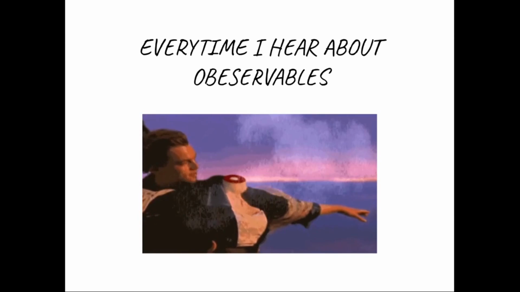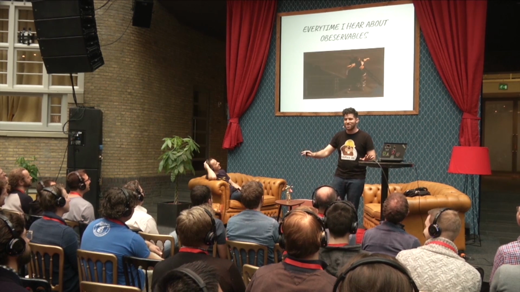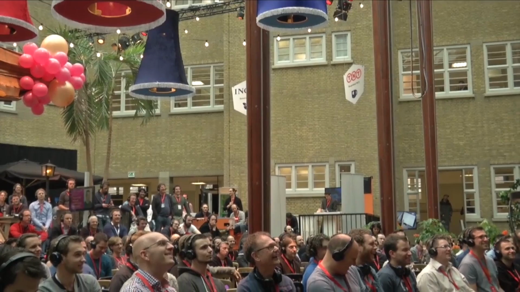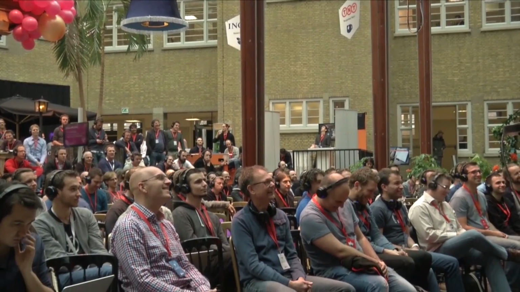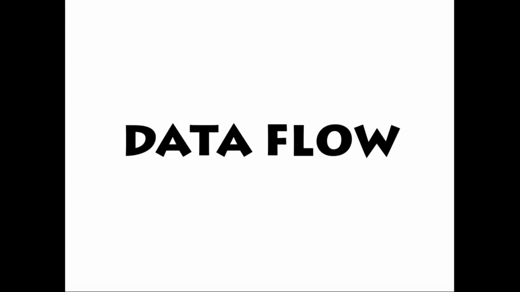Every time I hear about observables, I can't really wrap my head around it, so don't ask me questions about it. I don't know yet what's going on there. But to get back to the point, they're all talking about data flow, and this is what I want to talk about today.